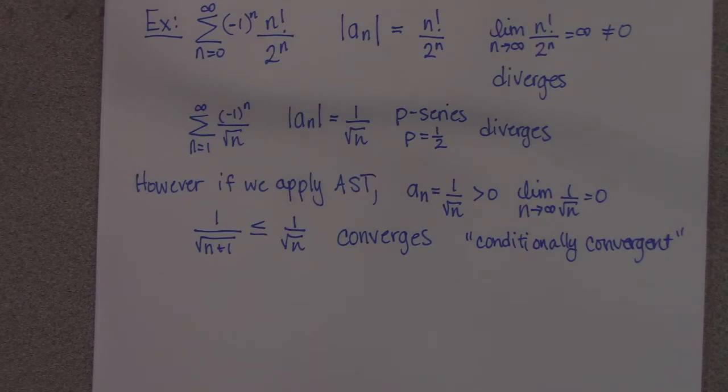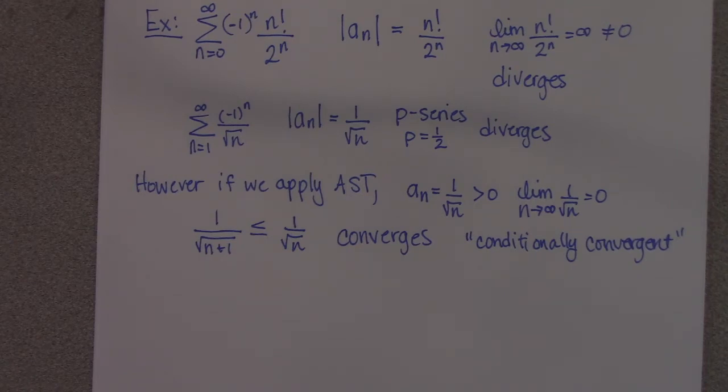So one of the things that we can extrapolate from this is, well, we saw 1 over n has this property, right? We saw 1 over the square root of n has this property. So any root in the denominator is going to act this way. So for p series, where the p-value is greater than 0 but less than or equal to 1, they're all going to be conditionally convergent like this, right?